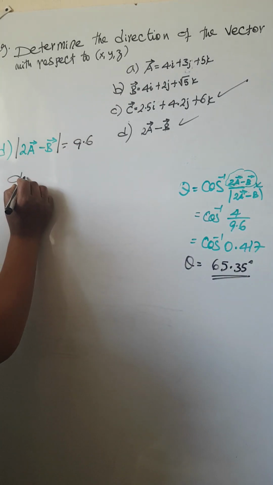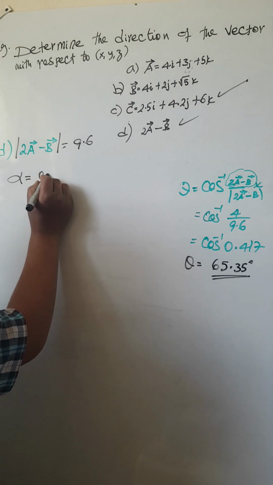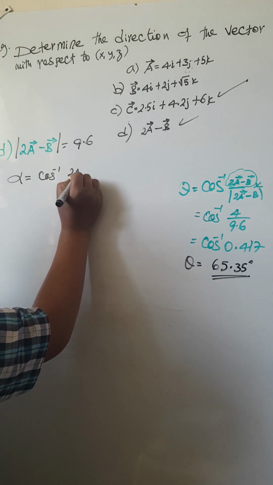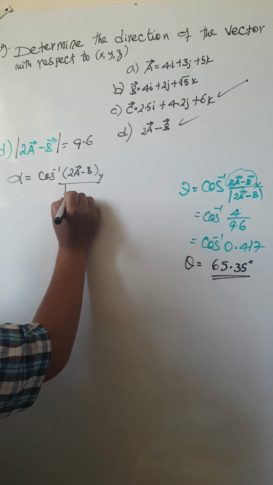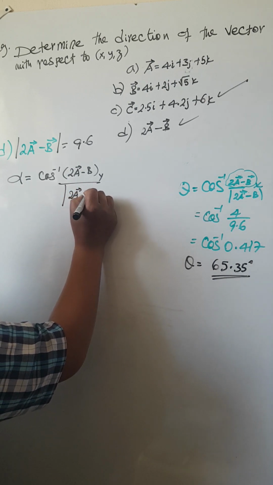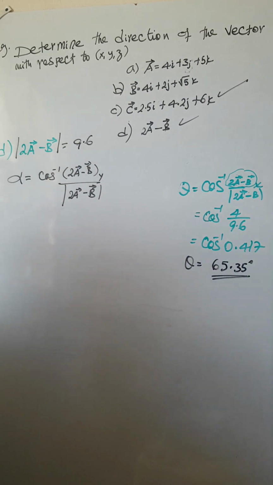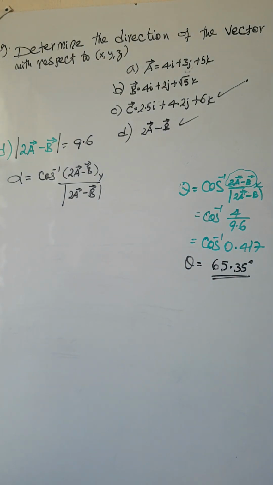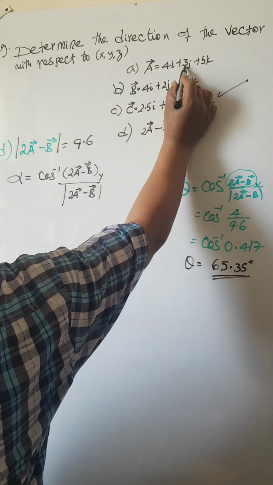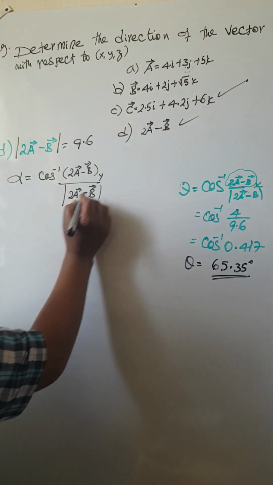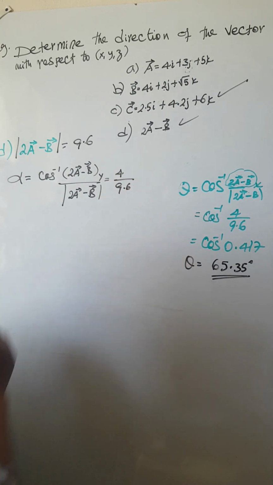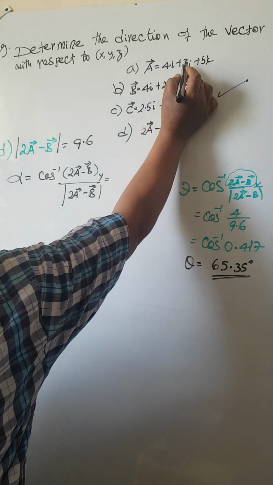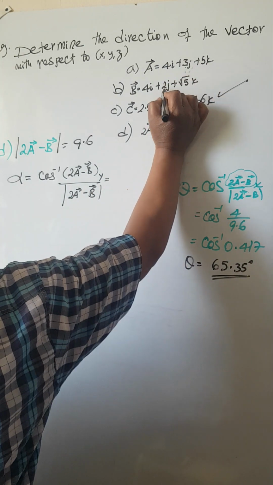The other angle, alpha, is equal to cos inverse of the y component of 2A minus B divided by the magnitude of 2A minus vector B. Two times the y of A is 6, 6 minus 2 is 4.